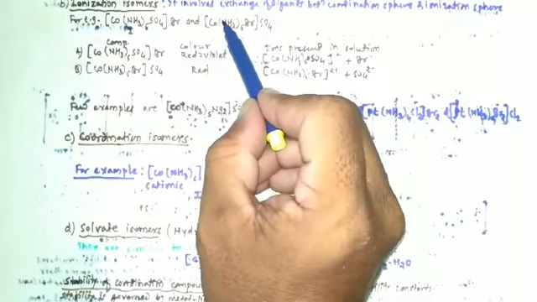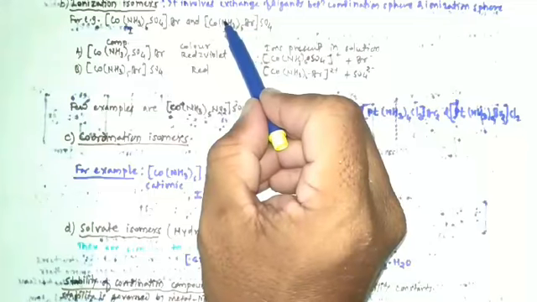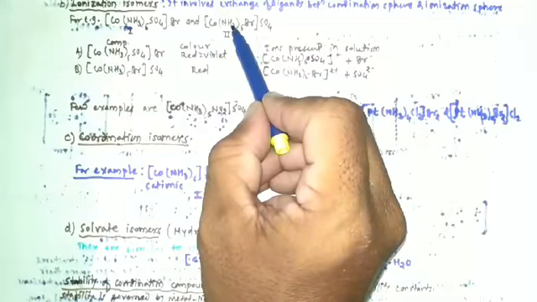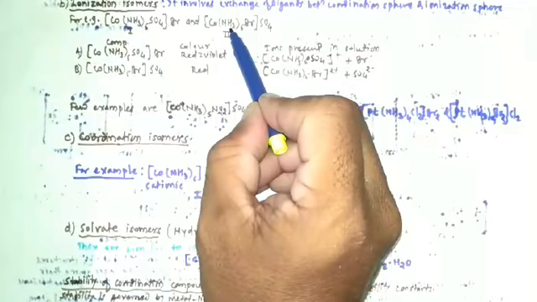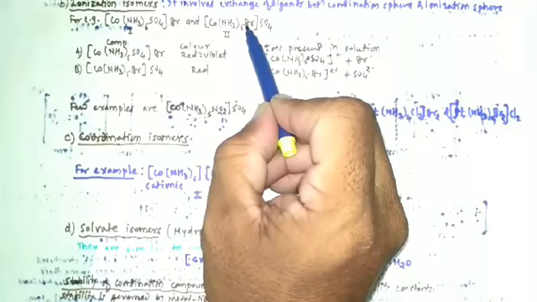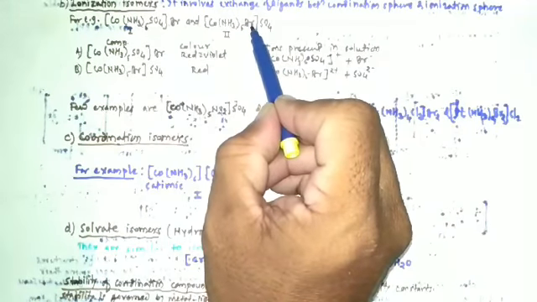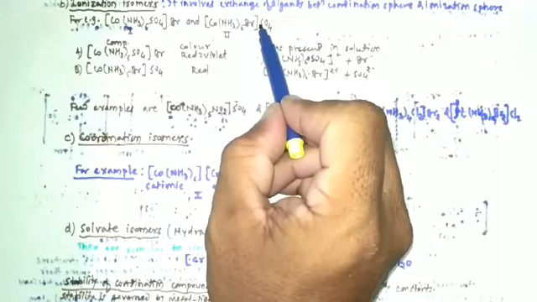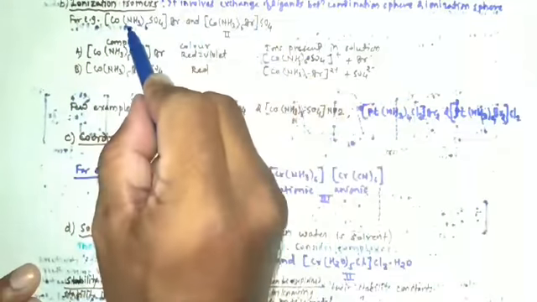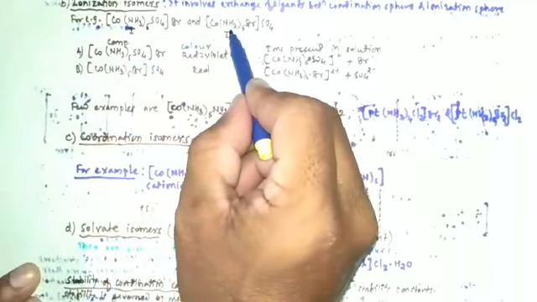Another complex has the name pentaamminebromidocobalt(III) sulfate. So this is the first complex, and this is the second complex.